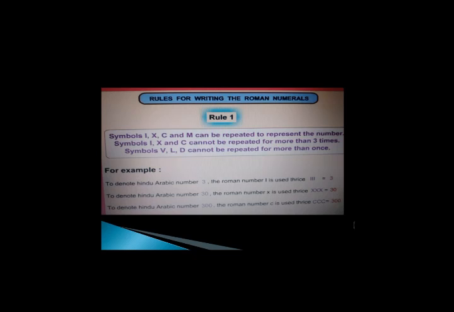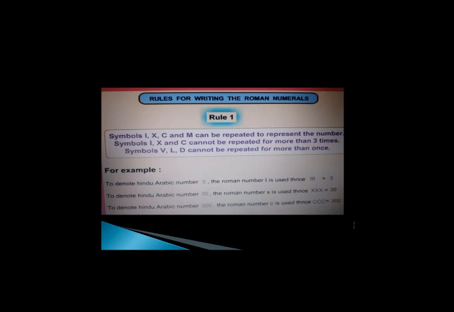Now it will be more clear to you by the following examples. See, to denote Hindu-Arabic number 3, the Roman number I is used thrice, means 3 times, like III. It will represent the Hindu-Arabic number 3.